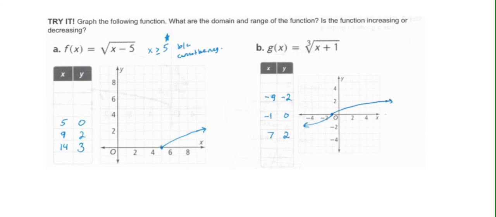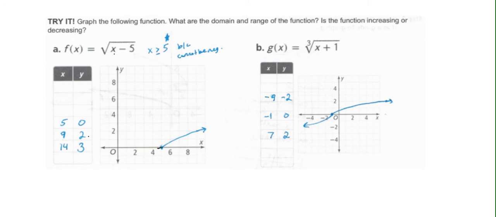All right, so here are the solutions. As you can see, in part A, if you plug in 5, you get square root of 0, which is 0, so that's why it's at 5, 0 right here. Then I just tested another point that I knew I could take the square root of, so I tested 9 for x, because 9 minus 5 gives you 4, and you can take the square root of 4, which is 2.